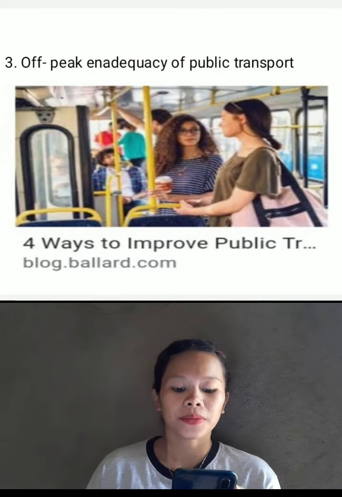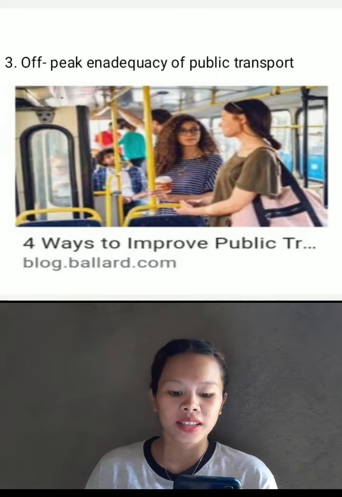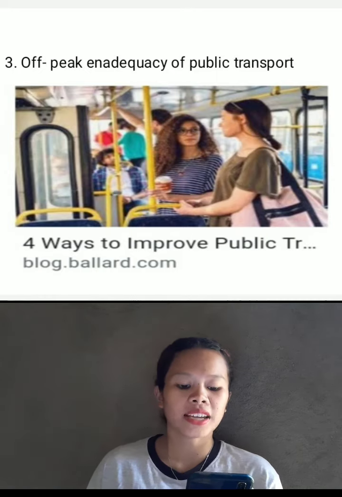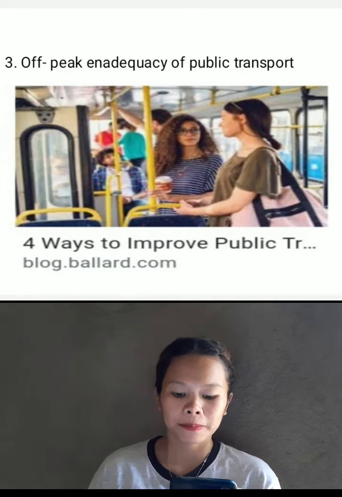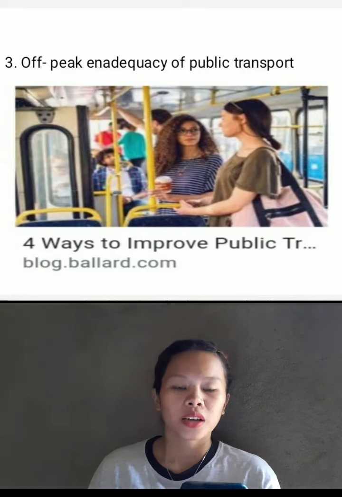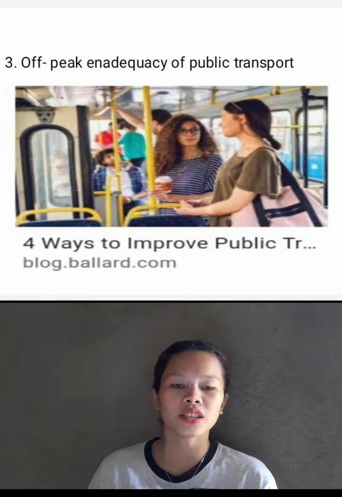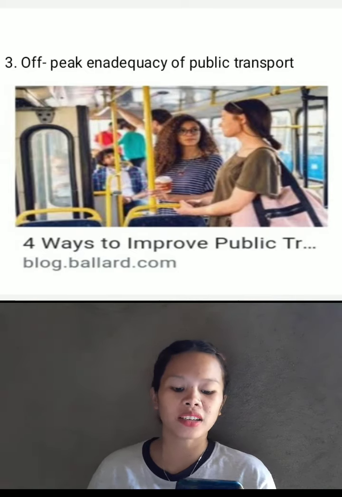If, on the other hand, they tailor fleet size to the off-peak demand, the vehicles would be so overwhelmed during the peak that the service would most likely break down.